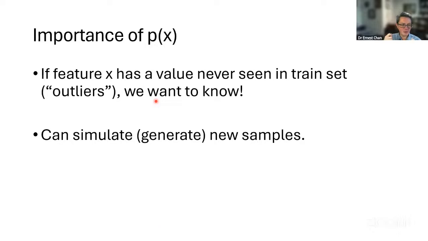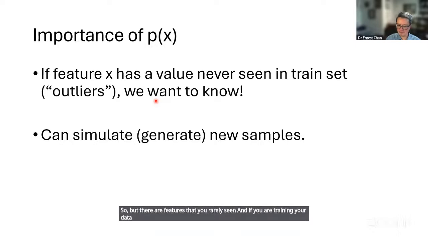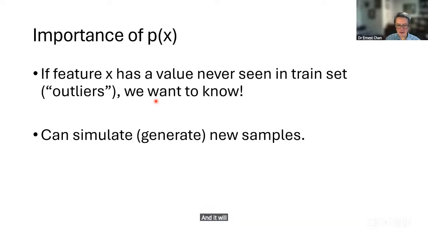And if you are training your model on thousands of samples and only one sample has this outlier, typically your model will not care about this outlier. It will produce an answer as if this outlier doesn't exist. But if the feature that you feed into your AI model is one of these outliers, we certainly want to know.